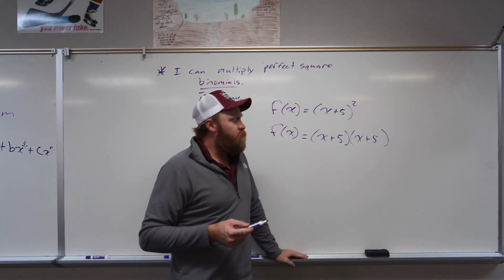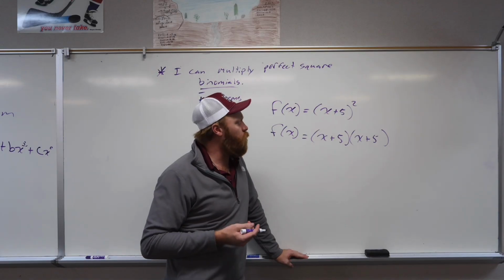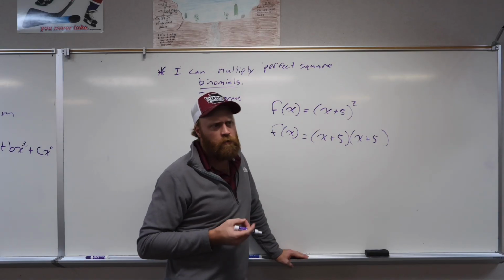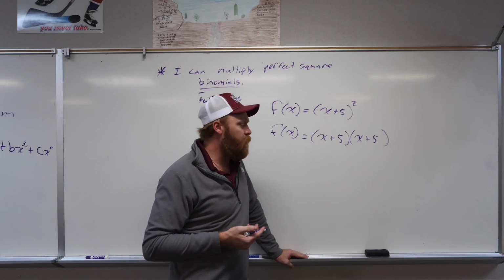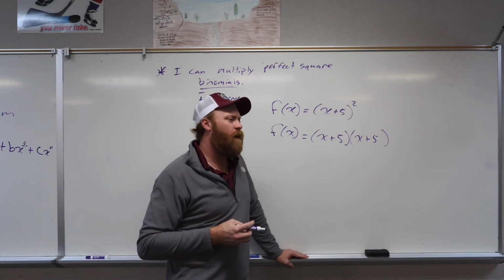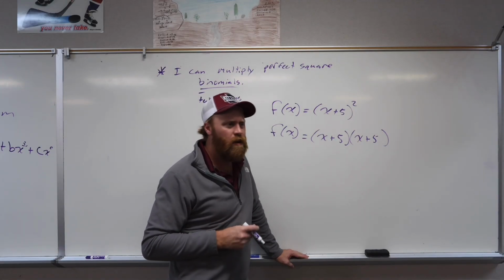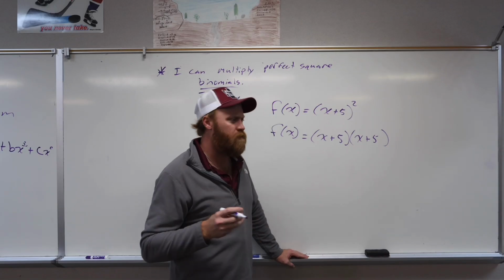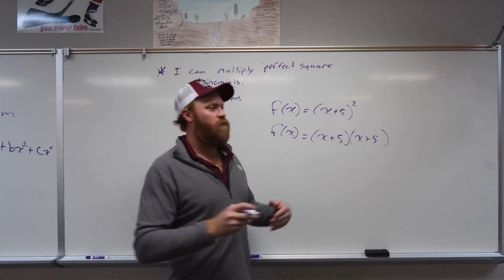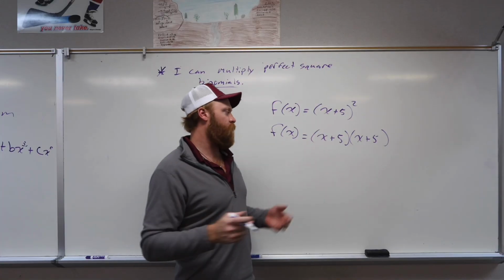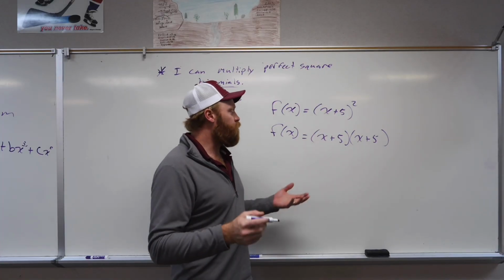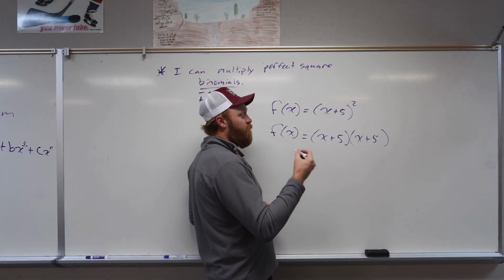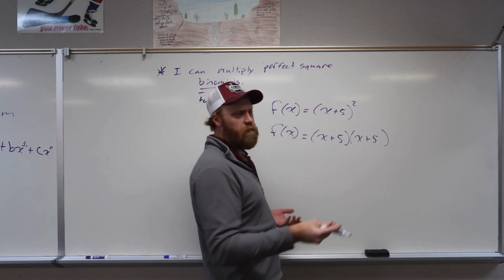Now, some people, when they're multiplying these binomials, go through the FOIL method. Again, it's nice to help students get started, but it's not my favorite because it falls short once we get into trinomials and things that are bigger like that. So a lot of times I'll just explain it like we're going through the distributive property.